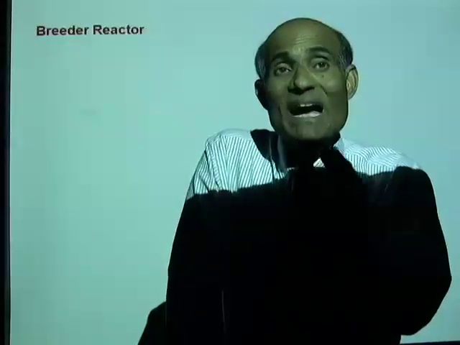Now, what is a breeder reactor? Of course, breeder means something that breeds. Breeds what? Well, a reactor uses fissionable material as the fuel. If it is called a breeder reactor, probably it means it breeds more fissionable material.